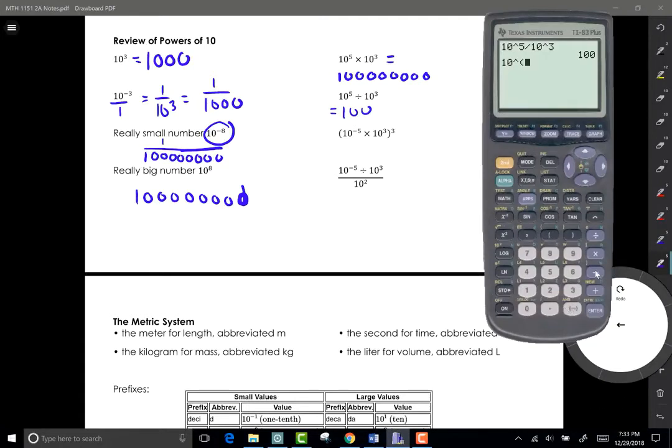Don't use the minus, or it will give you an error message. Use the negative button down here next to your enter. So negative 5, close parentheses. That's telling the calculator that you want to take negative 5 as your exponent, not just the negative, because it might give you an error message. You're telling it to take both of those pieces, the negative and the 5.